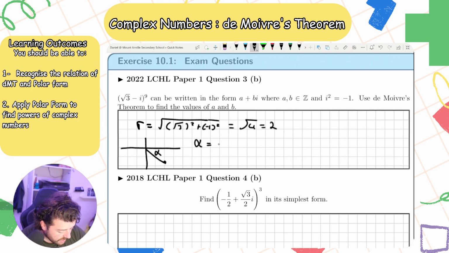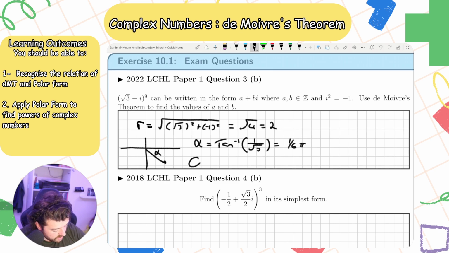So theta is going to be equal to tan inverse of minus 1 over root 3, but we need to take the positive of it. So it's 1 over root 3, which is equal to 1/6 pi. Therefore, my argument, 2 pi minus 1 over 6 pi, is equal to 11 pi over 6 on my calculator.